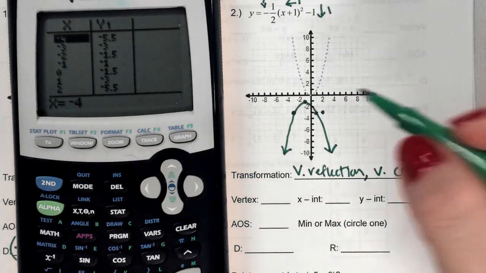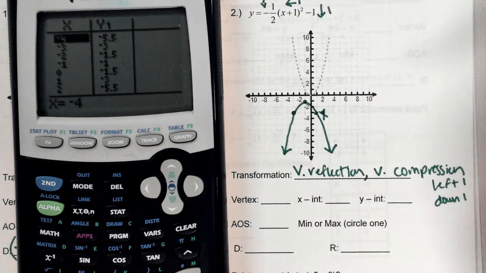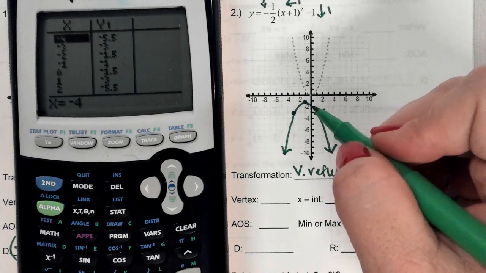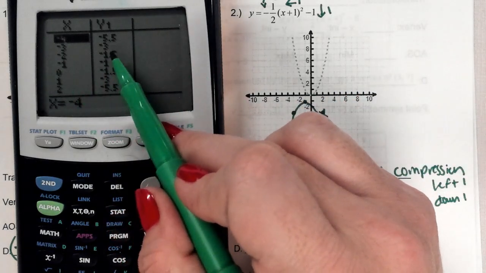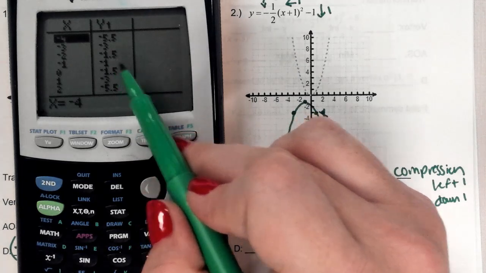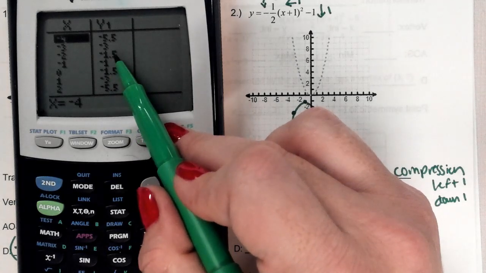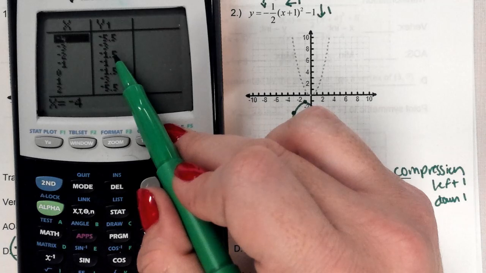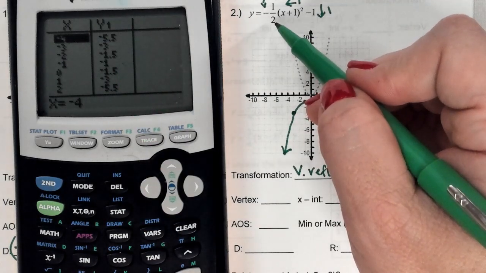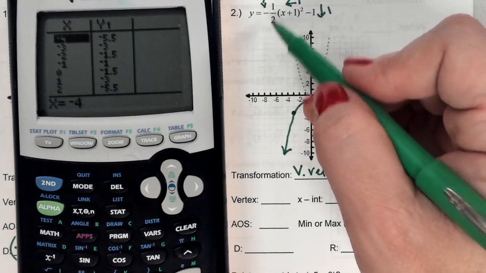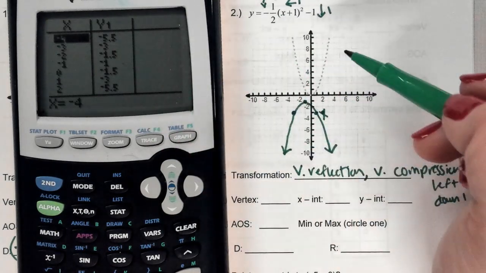Okay, what I want you to realize is that you see this first change from the vertex to the next point? How much did it change from -1 to -1.5? 0.5. What's your A? 0.5. So do you see how that is reflected, like it's the same?